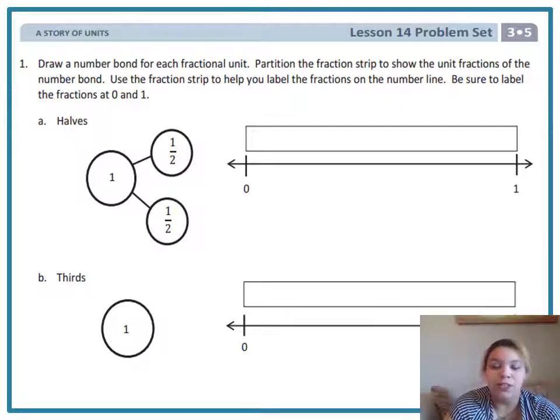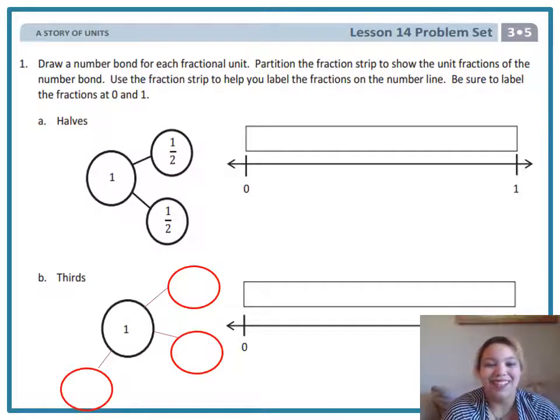All right, so the first thing that we have to do is pay attention to the word thirds. Remember, if it's thirds, how many equal pieces do you think that represents? Good, it's going to represent 3. So I'm going to put 3 equal parts. Now we know that if a whole is broken up into 3 equal parts, we call each of those parts a third.